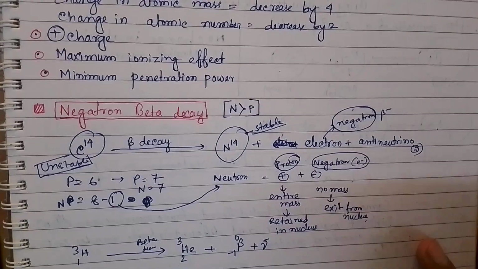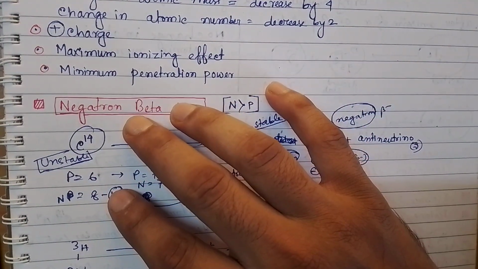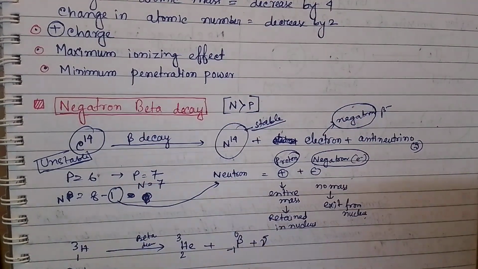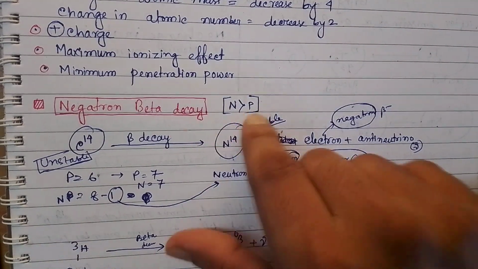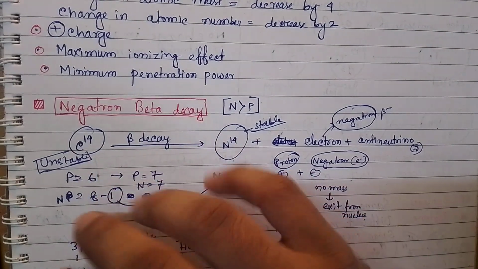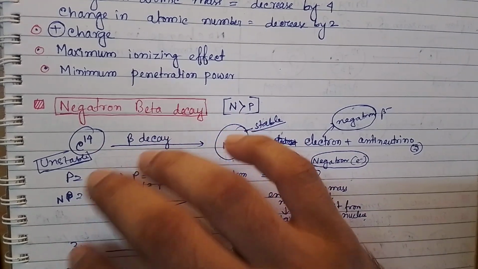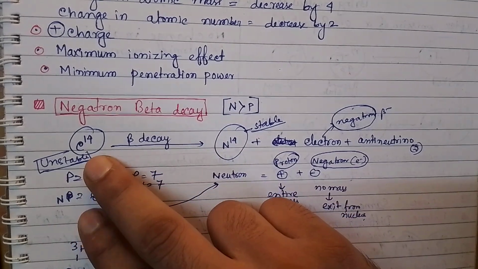Now we come to the negatron beta decay. Two types of beta decay are found: one is the negatron beta decay and the other is the positron decay. The negatron type is found more commonly than the positron type. We will consider carbon 14, because previously I said that beta decay is found in biological systems.